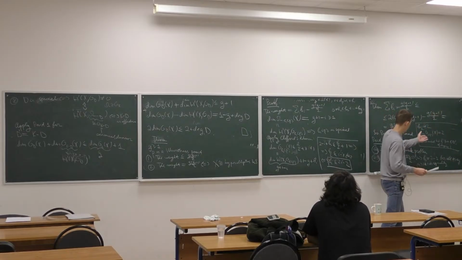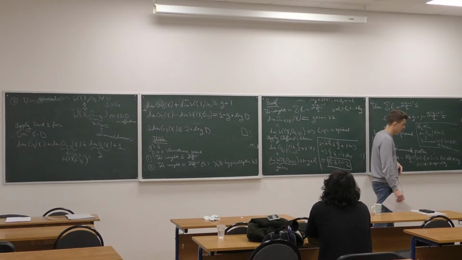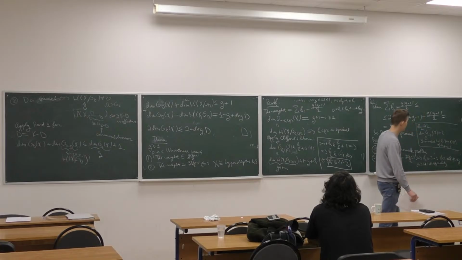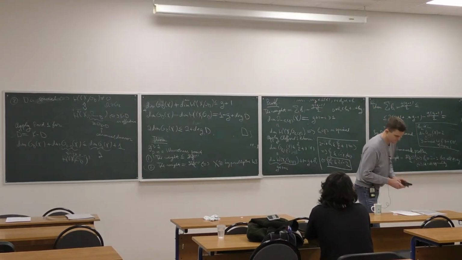Yes, exactly. So this means that this space has dimension 2 if and only if there exists a function with only one pole, and moreover the order of this pole is equal to 2. So there exists a non-constant holomorphic function from X to CP^1 of degree 2. And then this implies that our Riemann surface is a hyperelliptic Riemann surface. Okay.